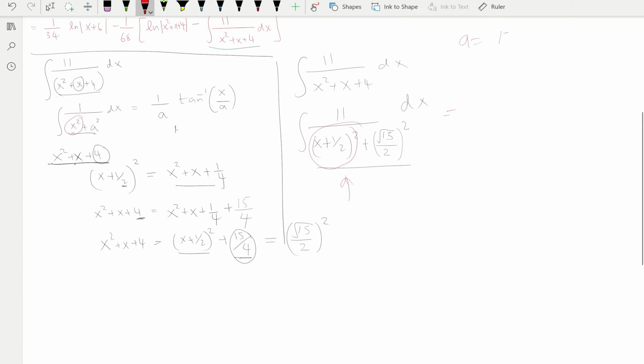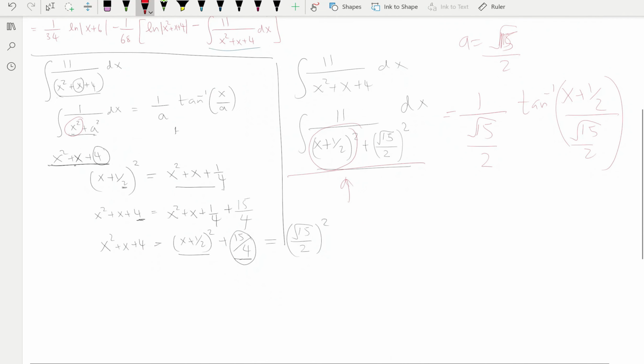I know it's a little bit ugly. So it's 1 over a, that is 1 over square root of 15 over 2, times tangent inverse of x plus half divided by a, which is square root of 15 over 2. Wow. So that's the solution of this integral.